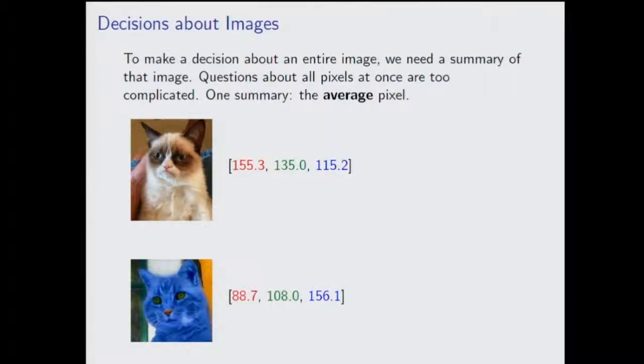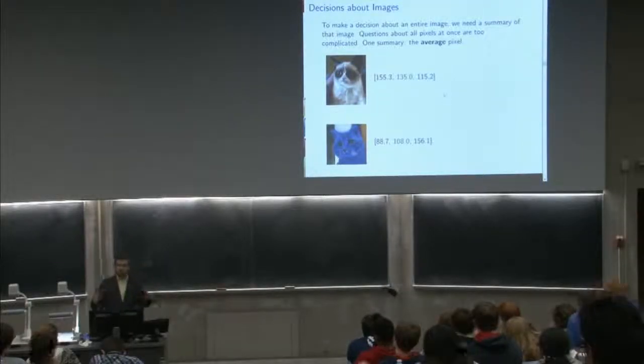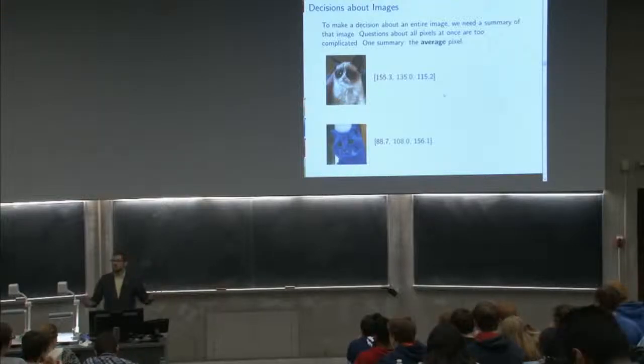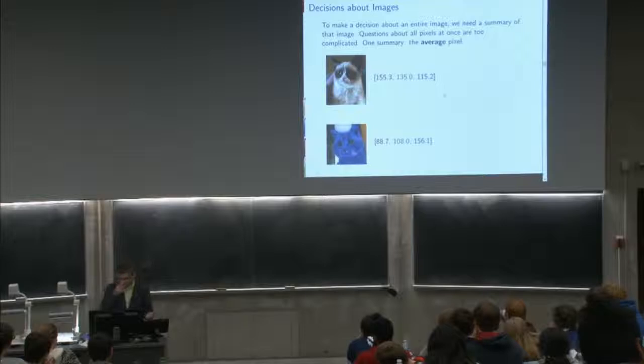That's probably from, I don't know if you can really see, a window frame over here that's mostly green, and his irises are green as well. And the little bit of red is probably coming from his nose, and then maybe this little orange piece up here. Okay? So the average pixel is a summary of everything that's going on in the whole image in terms of what colors are present. That's what we're going to use for our example today for classifying images.